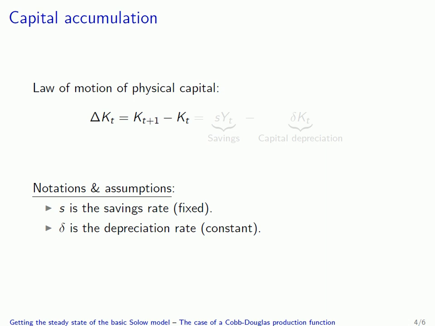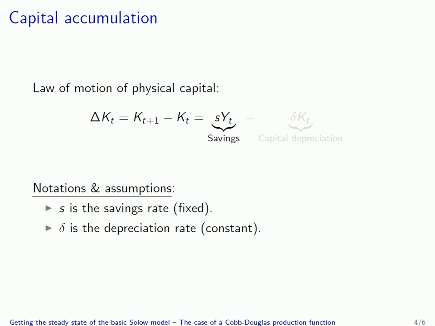We have this law of motion, delta k_t, the variation between capital in period t and capital in period t plus 1, so k_{t+1} minus k_t, which is made up of two different things. Capital increases because of savings.